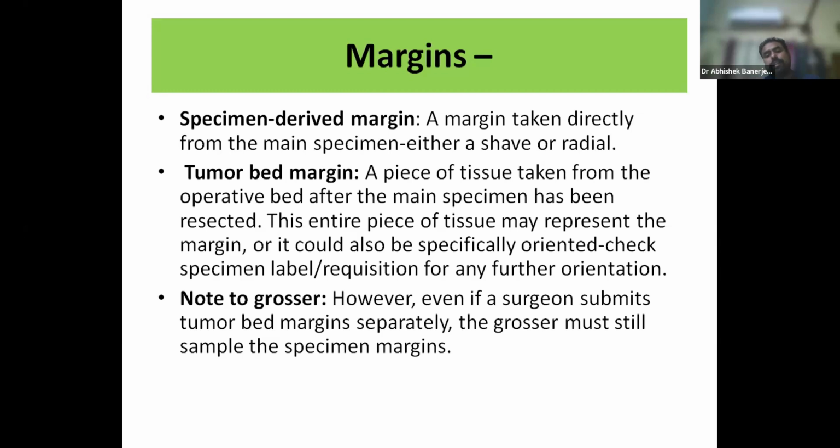Note to the grosser that even if the surgeon submits the tumor bed separately, the grosser must still sample the specimen margin. You should not leave any specimen margin unexamined, whether he has given it or not.